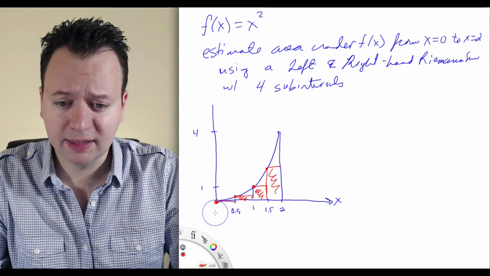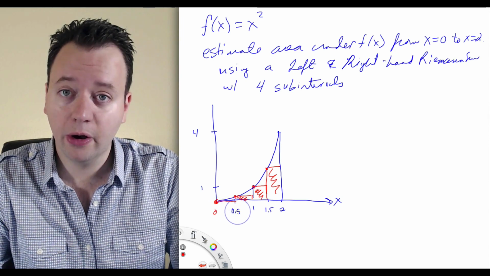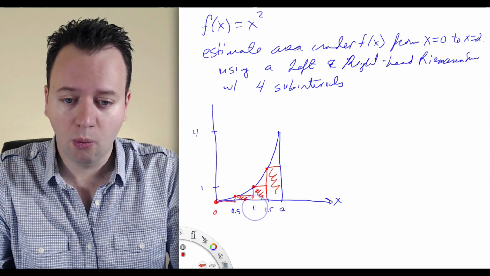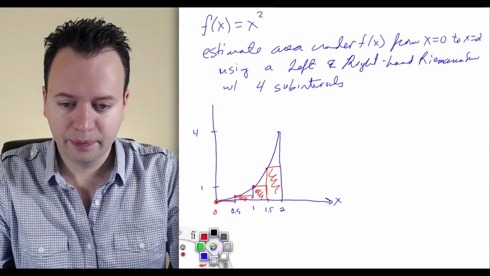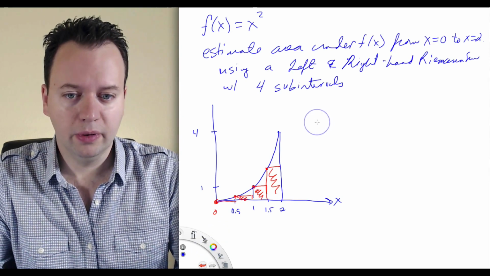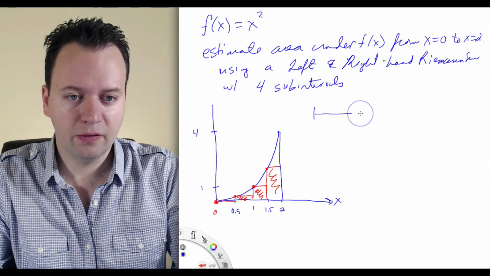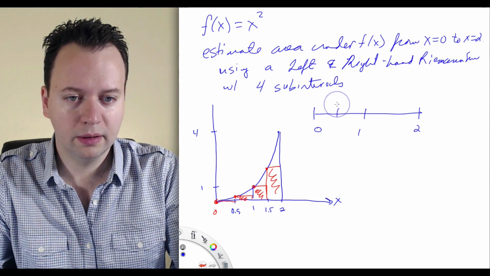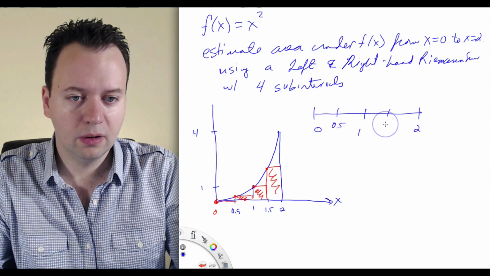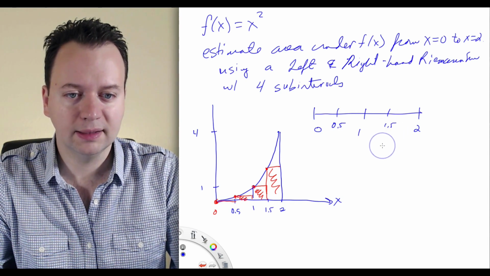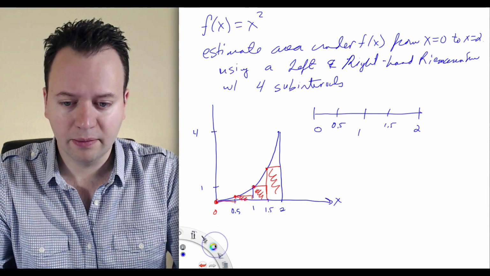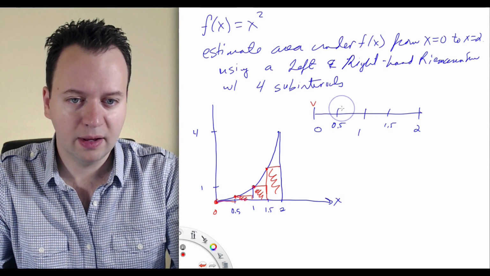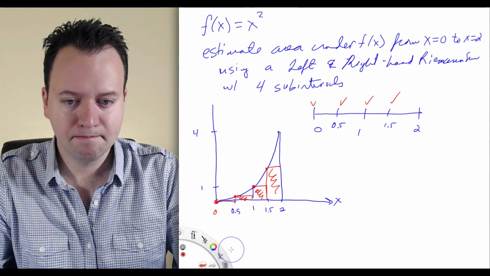So the left-hand Riemann sum will utilize the x values 0, 0.5, 1, and 1.5. So we can also think of the x-axis 0 to 2, 1, 0.5, 1.5. So there's the x-axis. The left-hand Riemann sum, we're going to use the left endpoints like that.